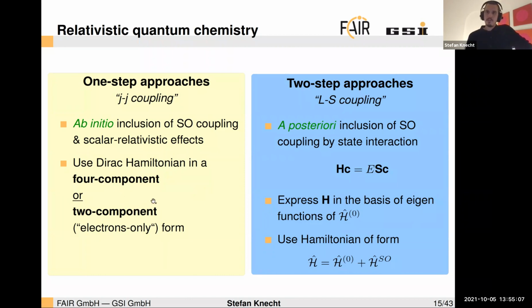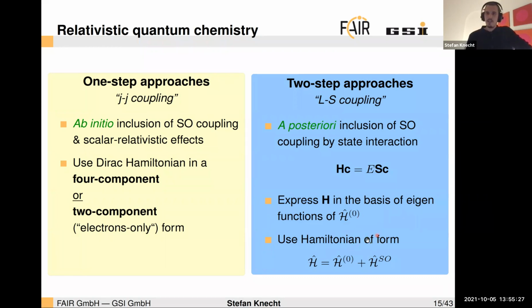Or we can use a two-step approach where we first solve our electron correlation problem in a Hamiltonian H0 here, where this, for example, could be just a scalar relativistic or a non-relativistic Hamiltonian.